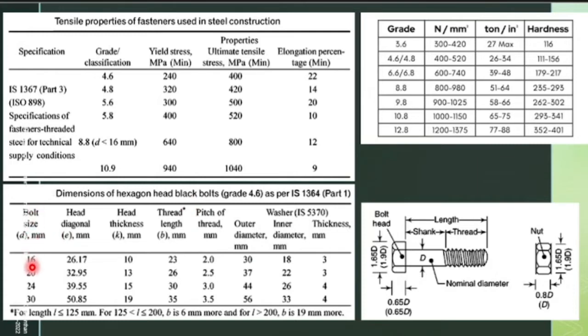If your bolt is M16, what do you mean by M16? The diameter of the bolt is 16 mm, and the head diagonal will be 26.17, so nearly 26 you will get, and you have the ratio. If the diameter of the bolt is 16 mm, the head will have a particular range, around 1.65 times.